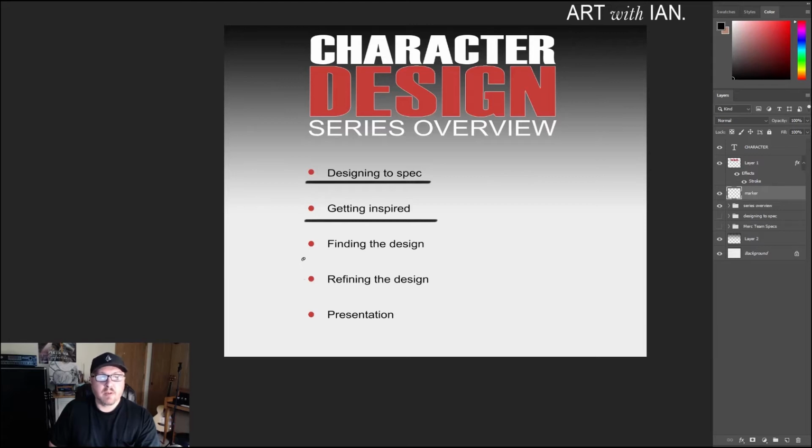Then we'll go into finding the design, which is basically going to be sketching, searching for the look we want, and that's basically just referring back to that spec to make sure we're not getting too far away from what we need to be doing, and also referring back to that inspiration we got.